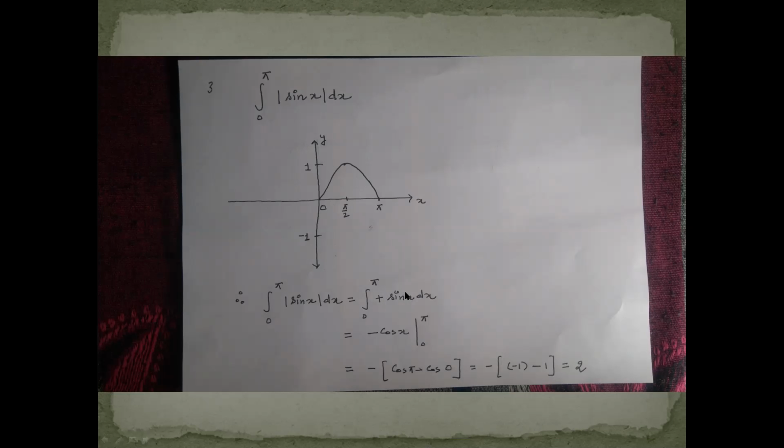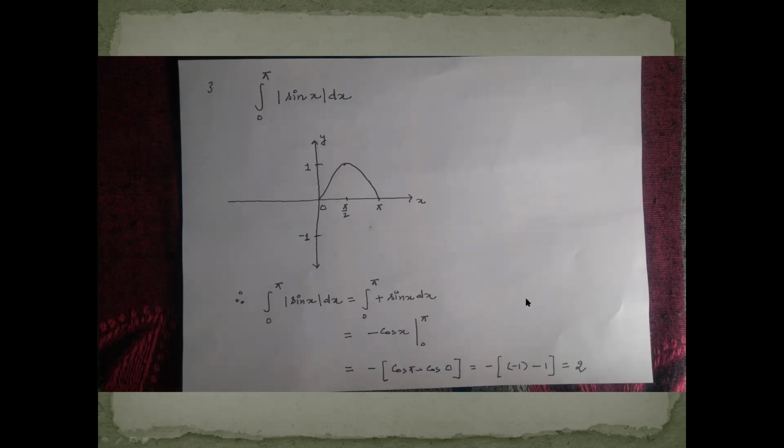And what is the integration of sine of x? This is minus cosine of x. Now taking 0 as the lower limit, pi as the upper limit, minus of cosine of pi minus cosine of 0, the minus is outside, minus cos pi means minus 1, and minus cos 0 is also minus 1, minus 1 minus 1 is minus 2, minus 2 into the outside minus is plus 2.